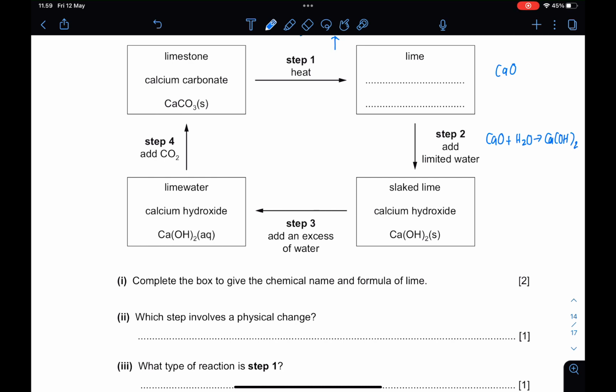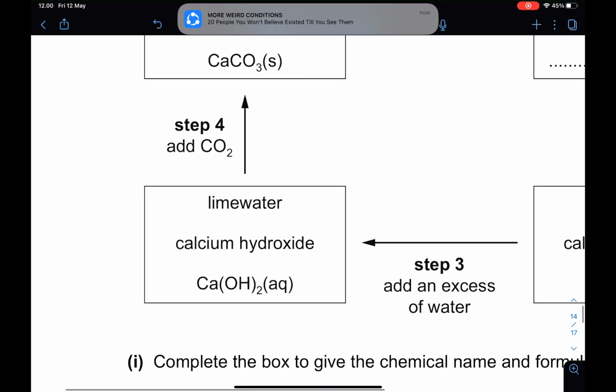Here you have 2 oxygen, hydrogen, everything is balanced. Now after you have that slaked lime, we are going to add excess water. That calcium hydroxide in solid form is going to become calcium hydroxide aqueous. So that's going to be lime water.